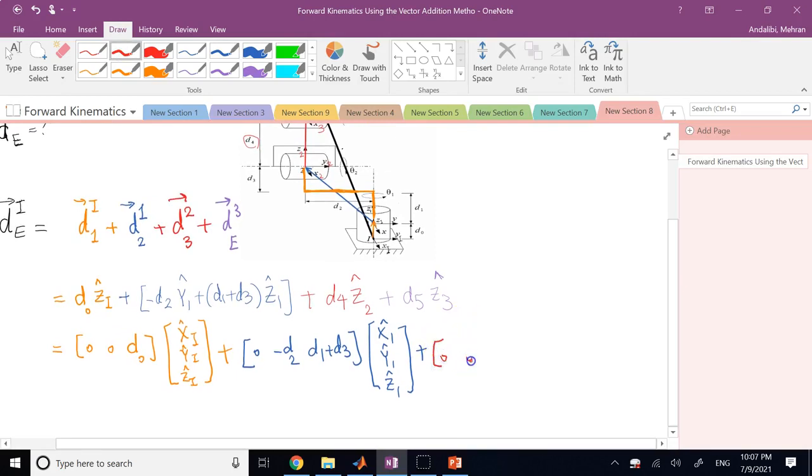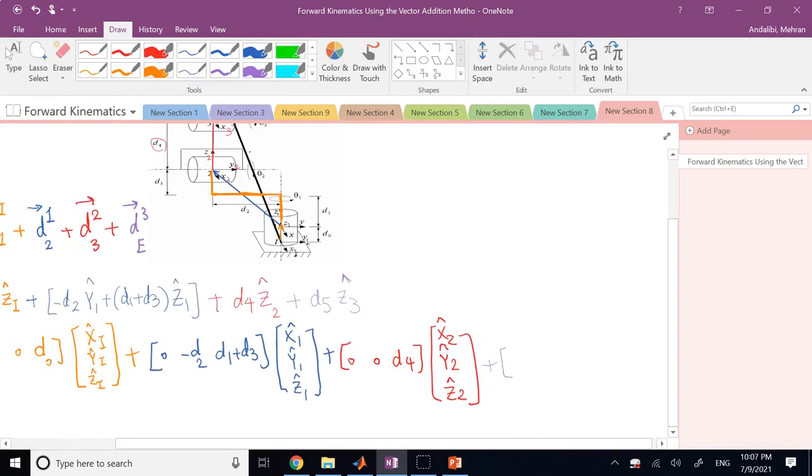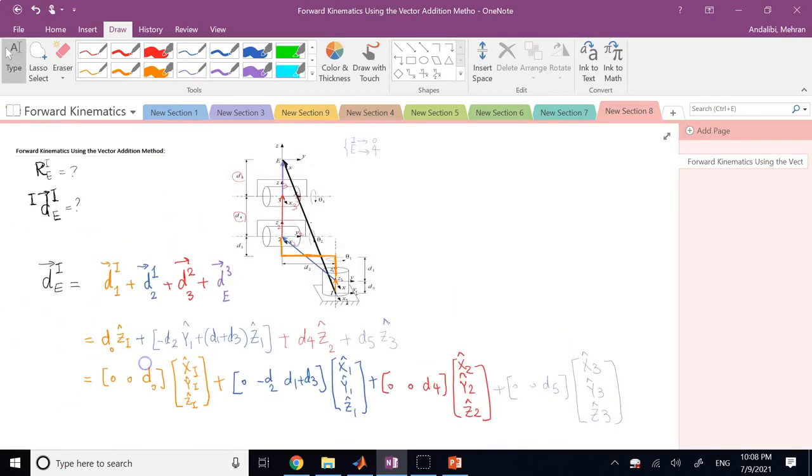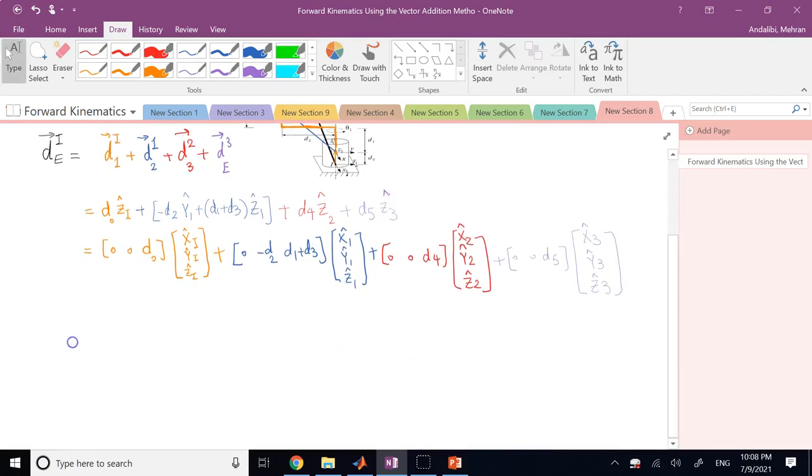It is 0, 0, d4 times x2, y2, and z2. And finally, the purple is plus 0, 0, d5 times x3, y3, and z3. Right? So I can write it in a nice matrix way, or vectors actually, this way.